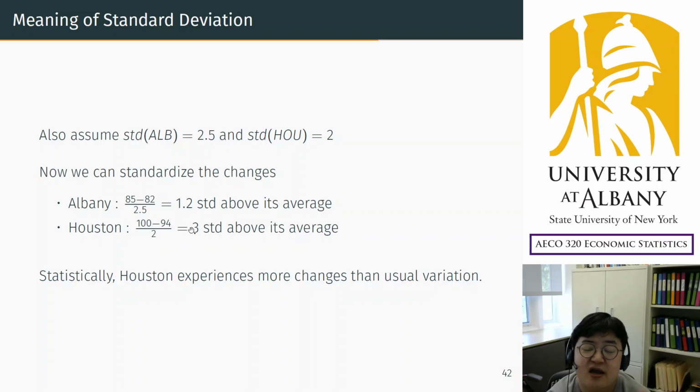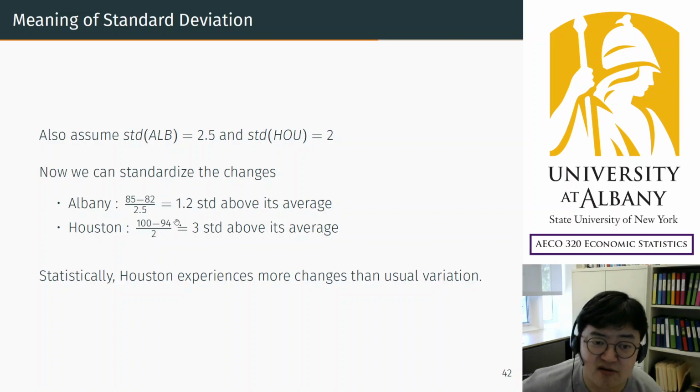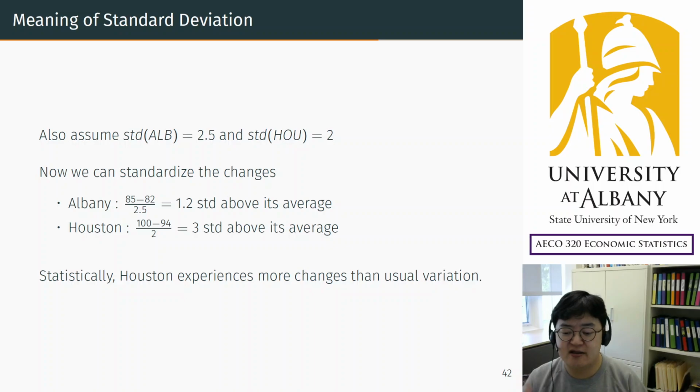So then we say its change was 3 standard deviations. So the change is measured in standard deviation units. And then, as a result, what you can say is statistically, Albany's hot summer was less drastic. But in Houston, statistically, this summer was very, very extreme, right?